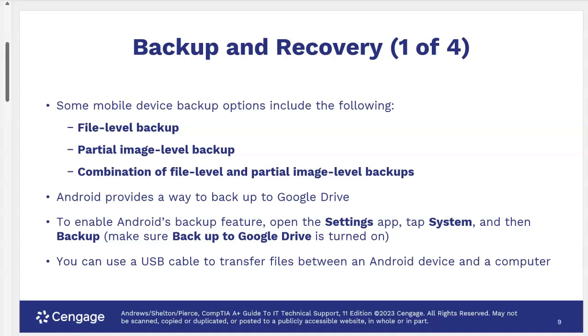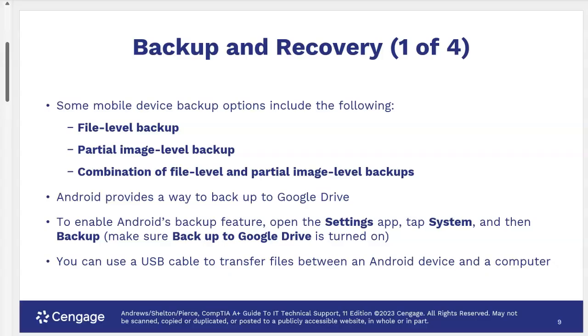So, do we have a way to do different types of backups with our phones? Well, Android allows us to back up to a Google Drive. So if you want to make sure you don't lose everything, take a check. Who knows if it's in settings, system and backup anymore, but you'll want to check to see where it is. You can also plug in a USB cable and you have access to your phone as a device.